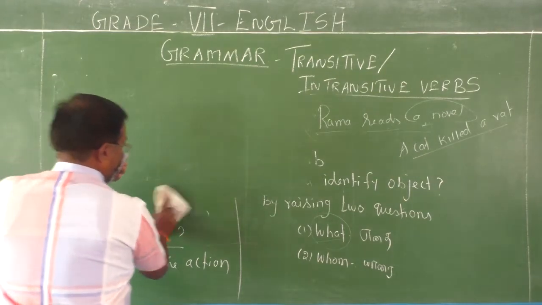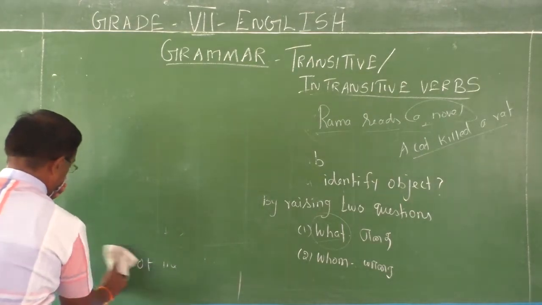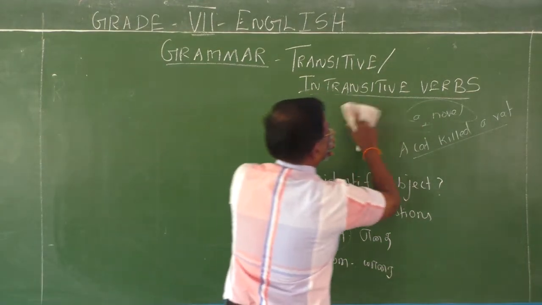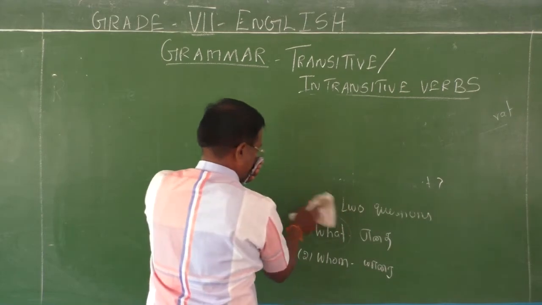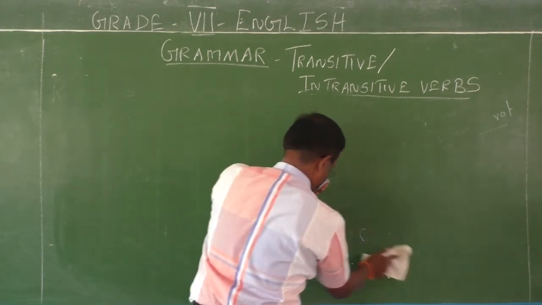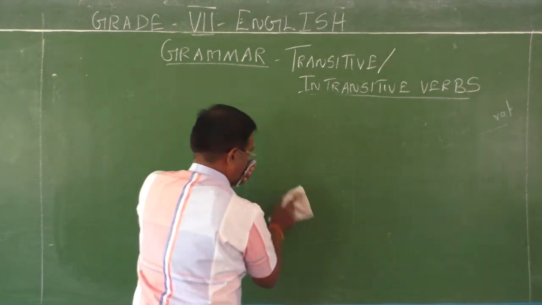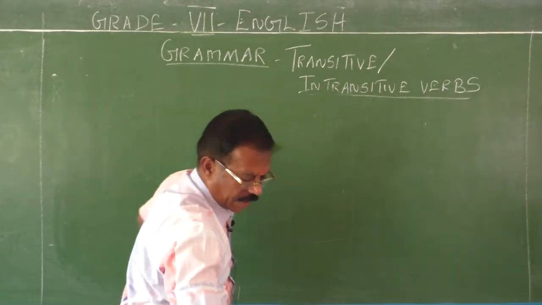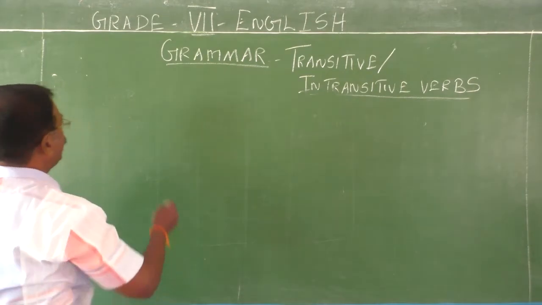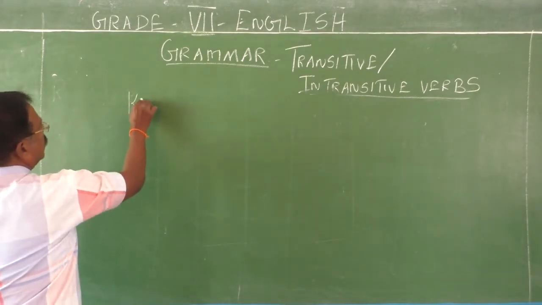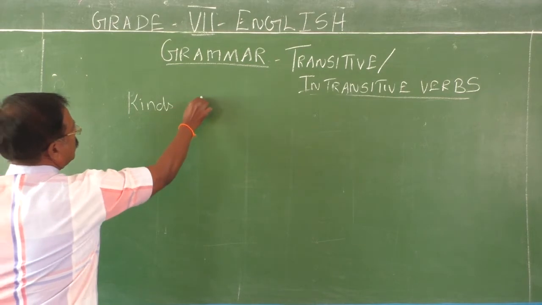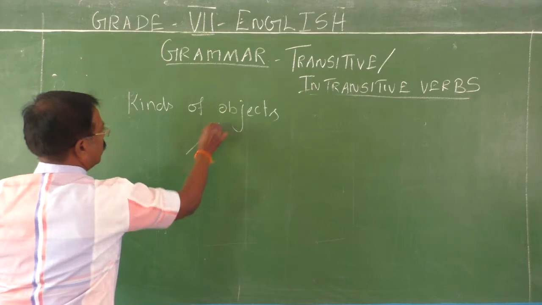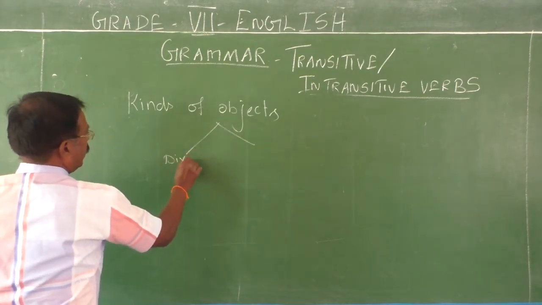One is direct object, another one is indirect object.